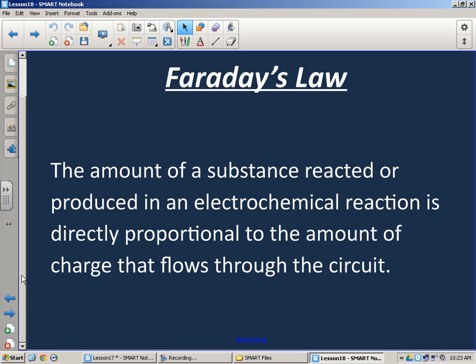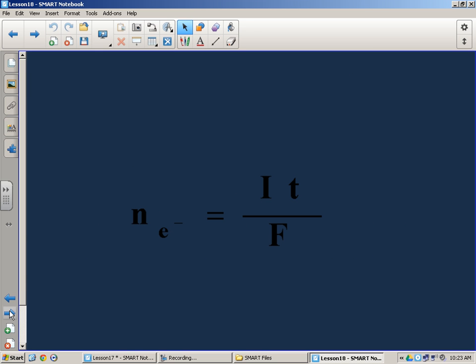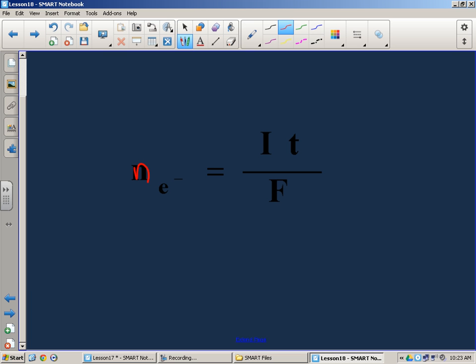We'll talk about that in order here. On yours it says this: n with a little e, that is the amount of electrons, so your moles of electrons.